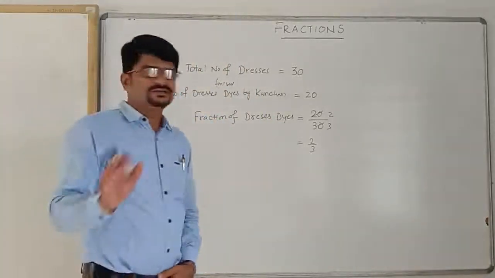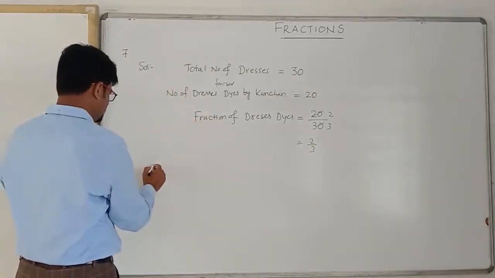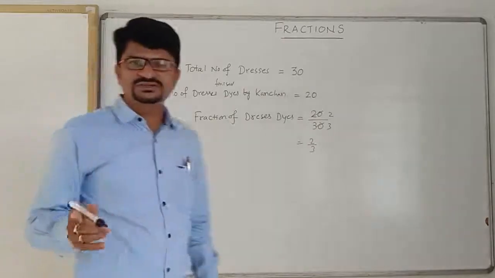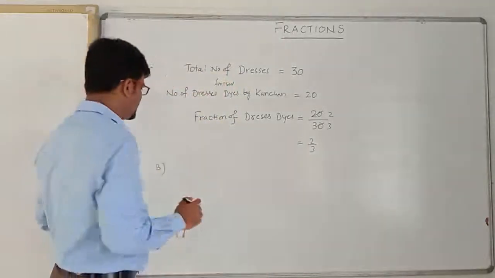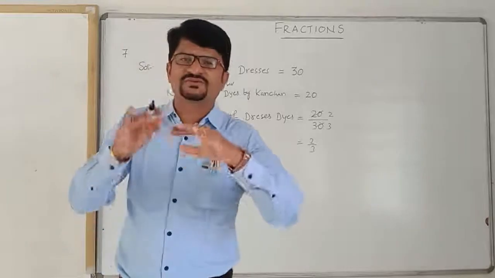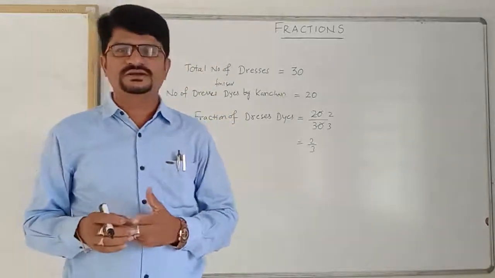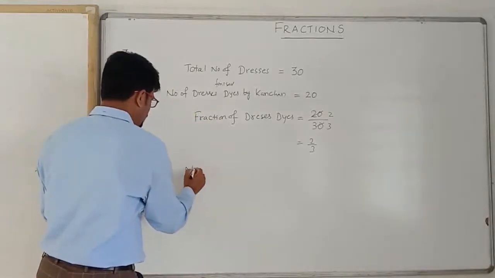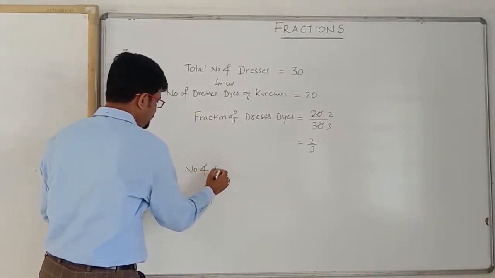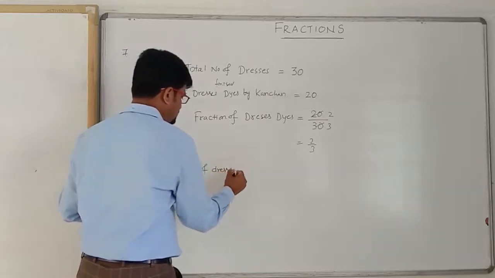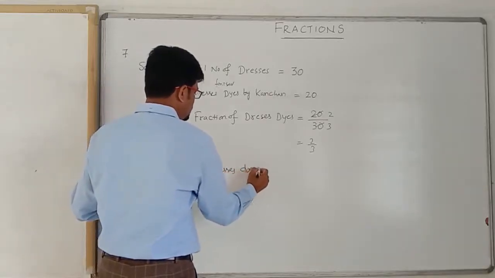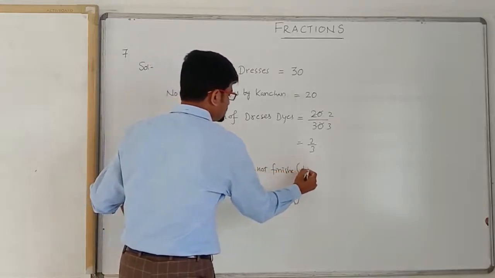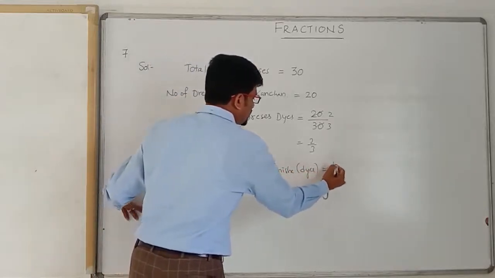Again, one more question you can do. Number of dresses not finished. For example, if you want to find the fraction of dresses which are not finished: the number of dresses not finished is 10.